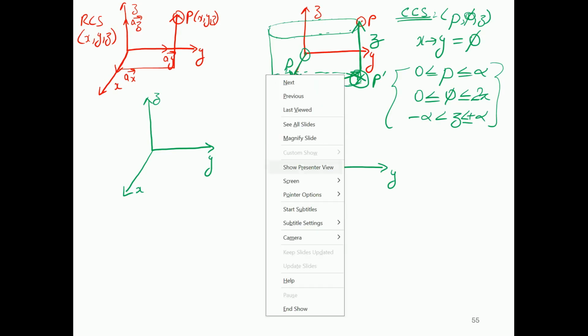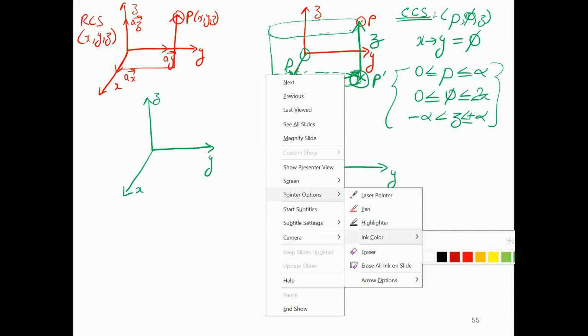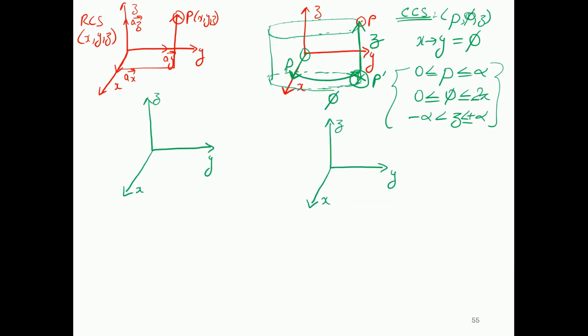So in order to understand the planes, let me try to use a different color scheme. So now let us first make something like this. So this is my first point, this is my second point, and I join something like this, and then I make something like this.